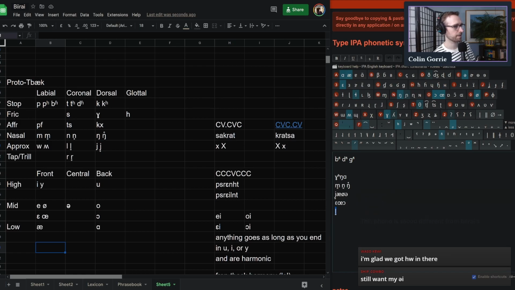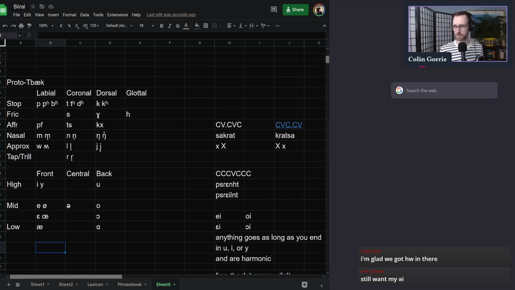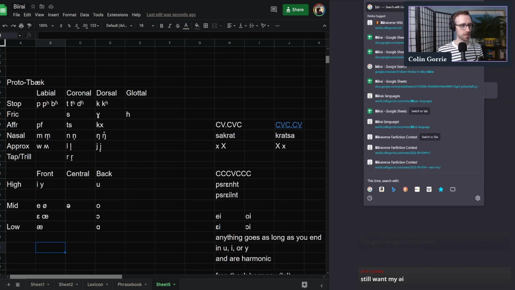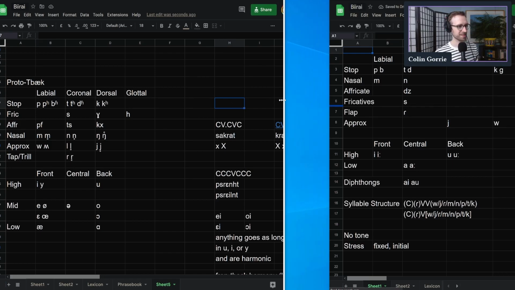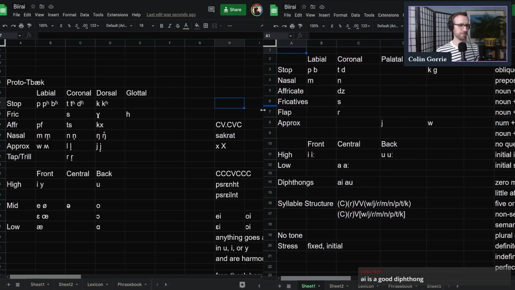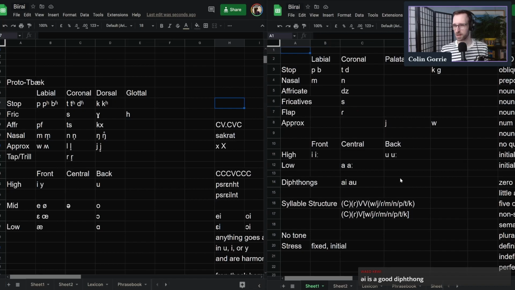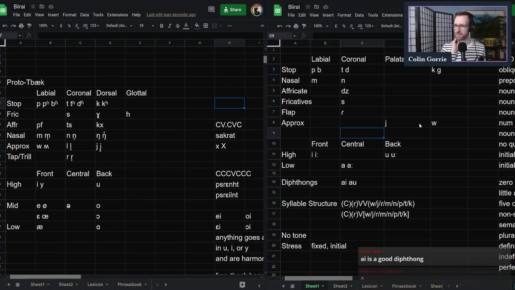Let's open up another Biirai sheet. We're having fun. The hideous blue background. Okay. Alrighty. So, yeah, we need to figure out how to get from this to this. Or rather, to get from Biirai up to Proto-Biirai-Tbæk and then forward to Proto-Tbæk.